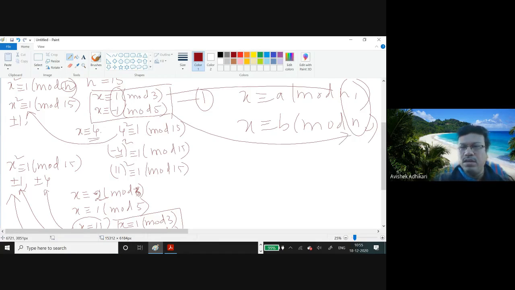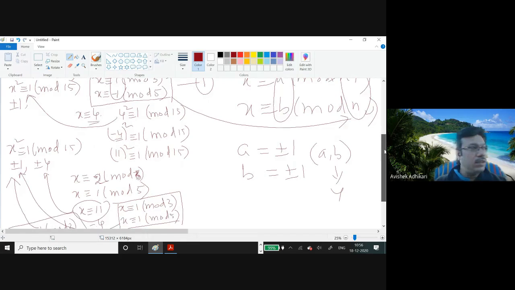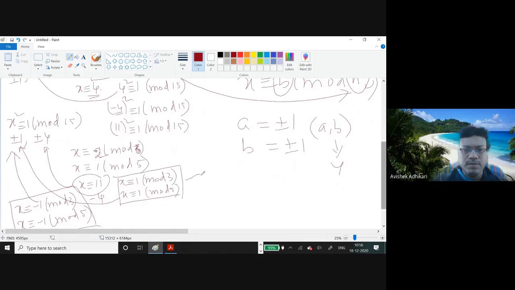Now I am just changing these values. So what could be the values? a could be plus minus 1 and b could be plus minus 1. There are two options for a and two options for b, so altogether there will be four options for (a, b). So I should have four different systems of equations. This is one system, this is another, this is another, and one more should be there somewhere.